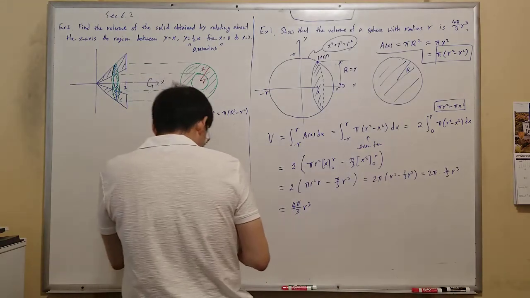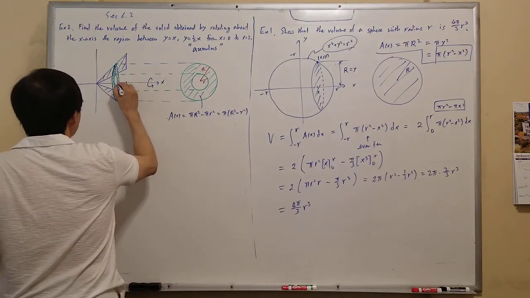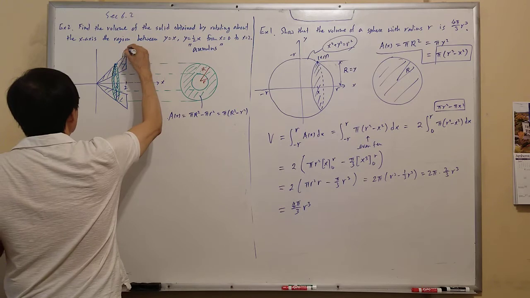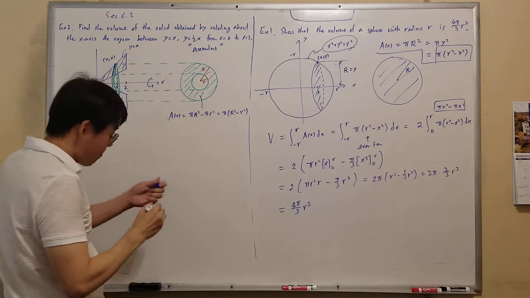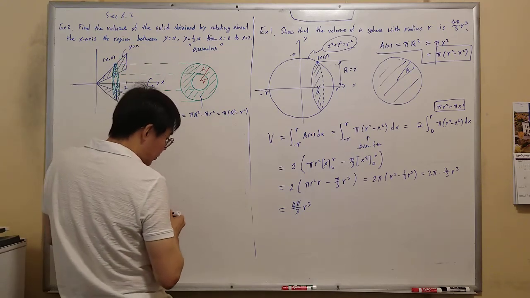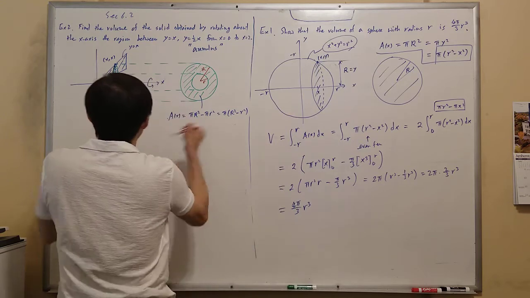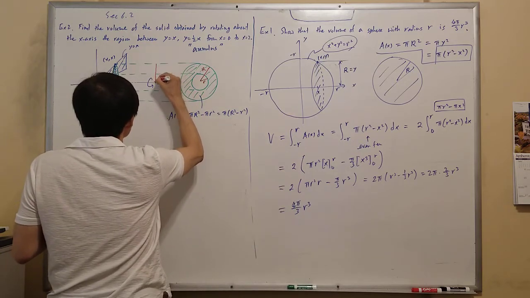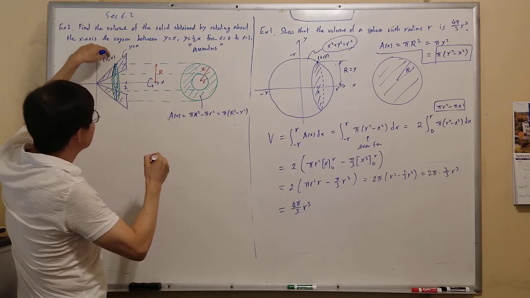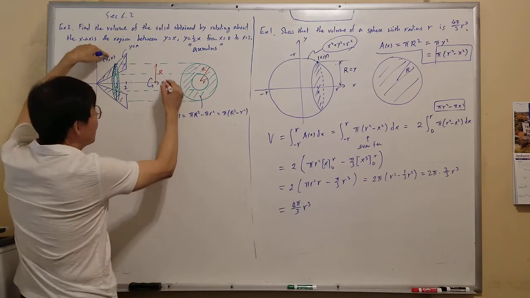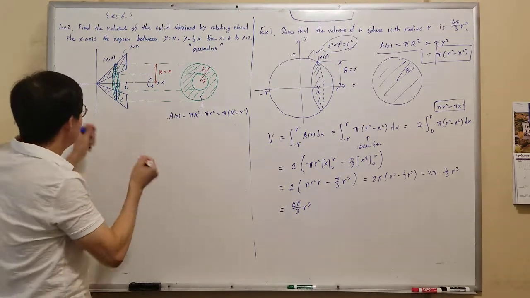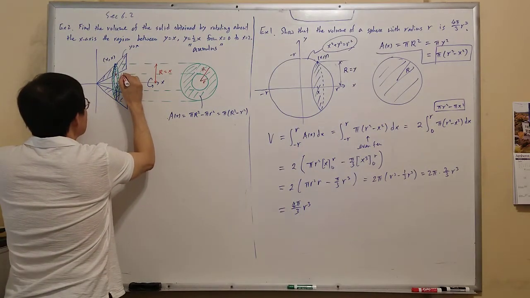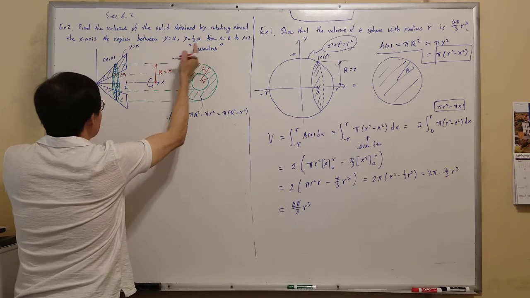So let's take a look at it. When you have x, this point is coming from y equals x. So this is x, and its y coordinate is also x, right? So your capital R is the same as this y coordinate. In terms of x, that will be just x. Now, for this one, this is x, and on this graph, y equals 1/2 of x.